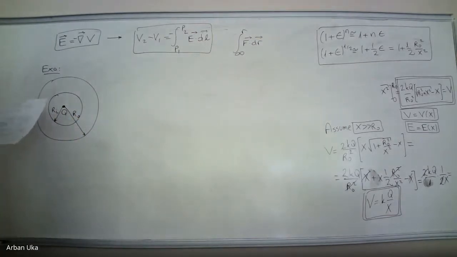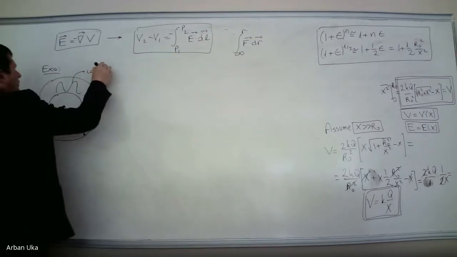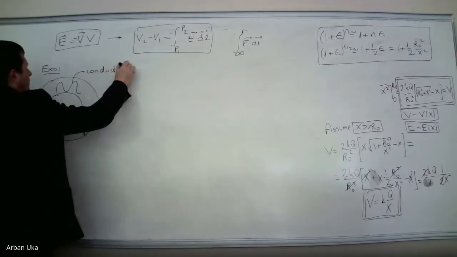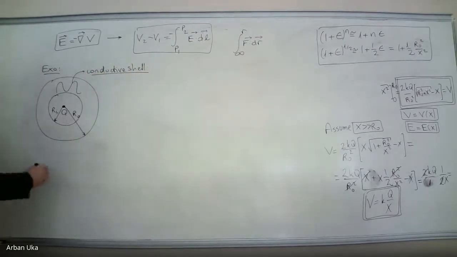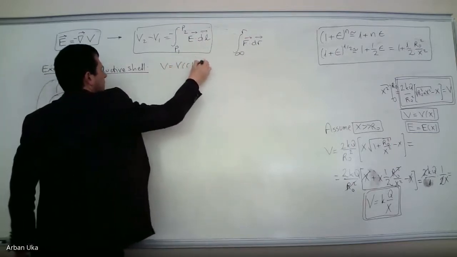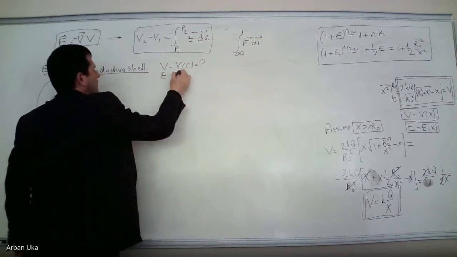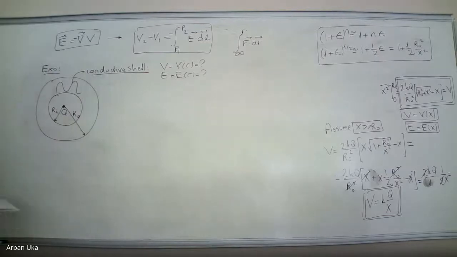And so this is the conductive shell, and this is the charge at the very center. Okay. The question is this. So this is the question. Find the potential and the electric field as a function of radius for this configuration.